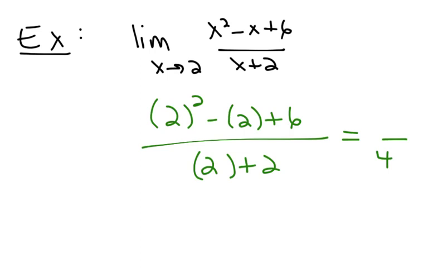And the numerator is going to be 4 minus 2, which is 2, plus 6 is 8. So it turns out that the limit is 2. So before you go through the process of putting it in the calculator, ask yourself if you can actually just plug in the value for x and get an output of y, because that y value is going to be the limit.